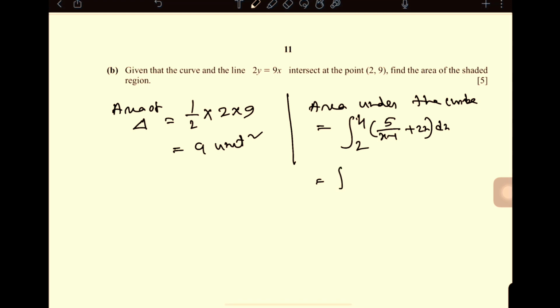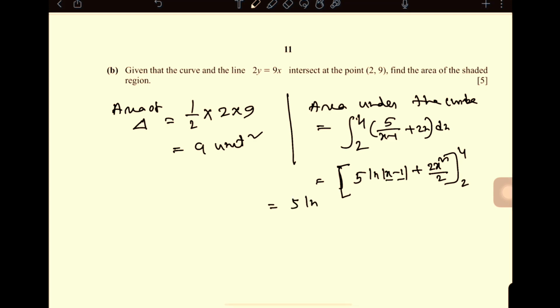So we can write this first one as 5 ln (x minus 1). Since ln has no negativity issues, always we will keep the modulus sign. Then 2 x square by 2.